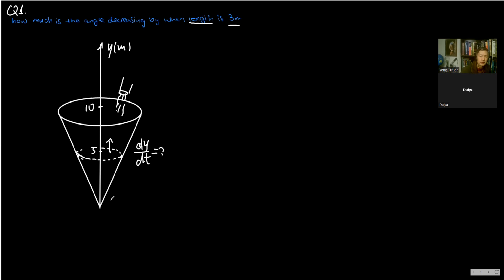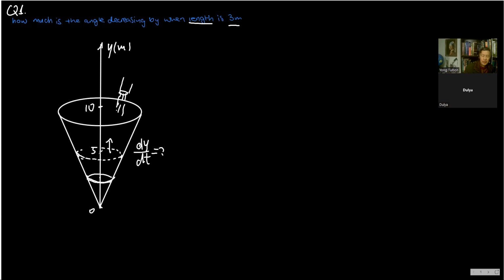Find the formula first. This is 0. How can we solve this problem? At any position, the level will increase at this rate, but you have to convert that into this shape.